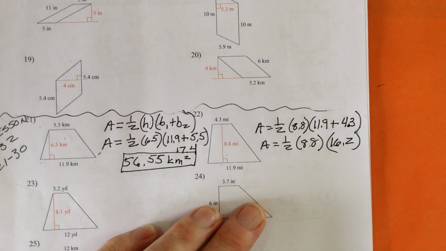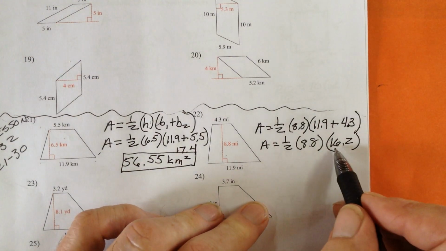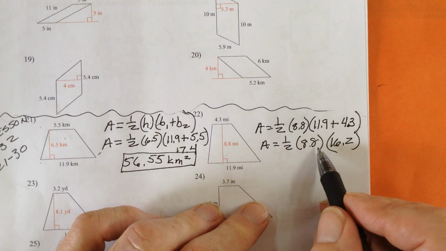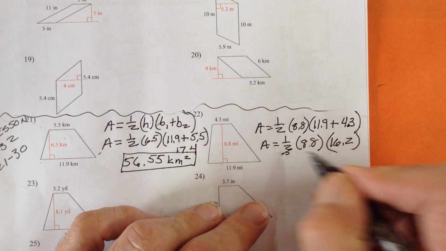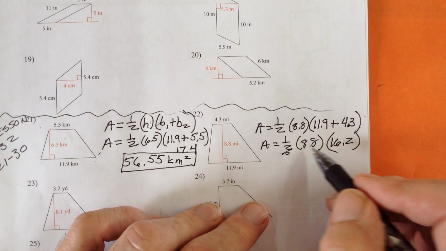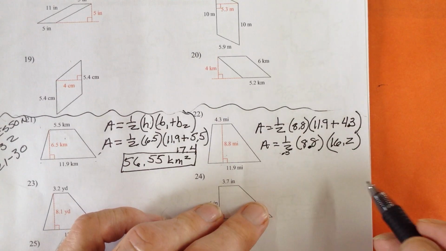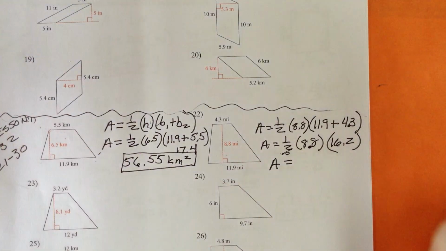Now just using the calculator, I could go 16.2 times 8.8 and then divide that answer by 2, or I can change this to a 0.5 and go 0.5 times 8.8 times 16.2. So either direction, it'll work.